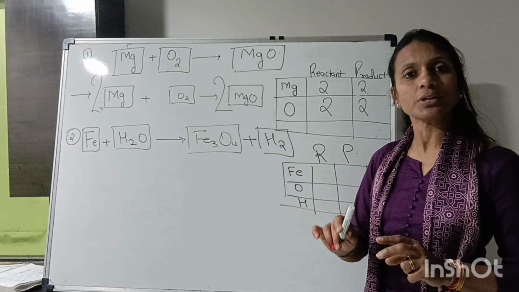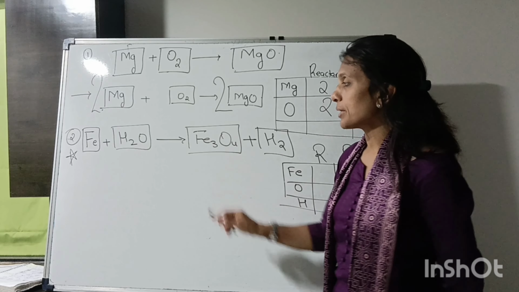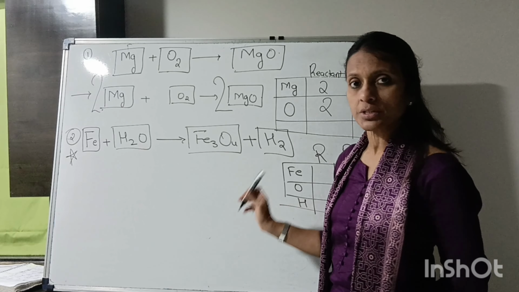Now we come to one of the most important reactions often asked for balancing even in your boards. How do we start it? See, iron when it reacts with water forms Fe3O4 and hydrogen gas is released. Let's count the number of each element on both sides.